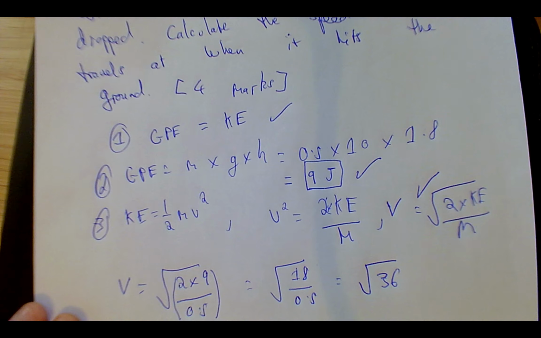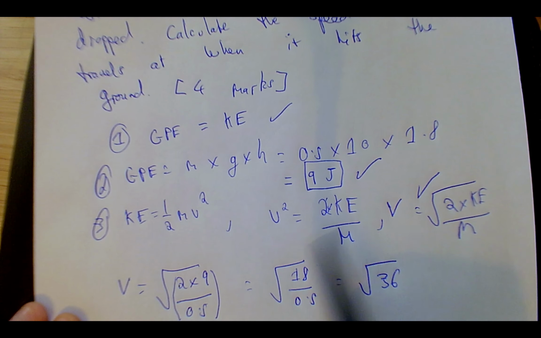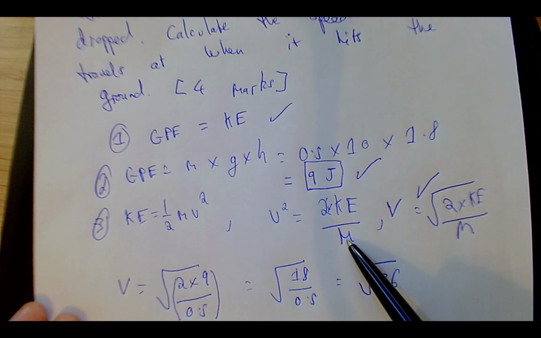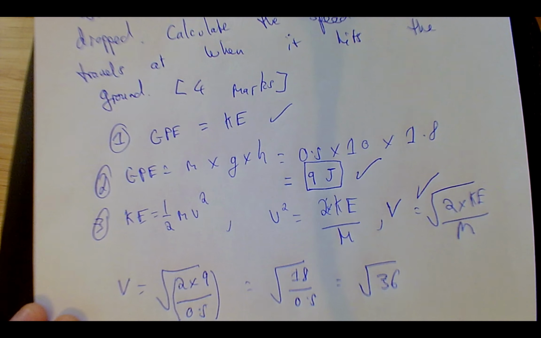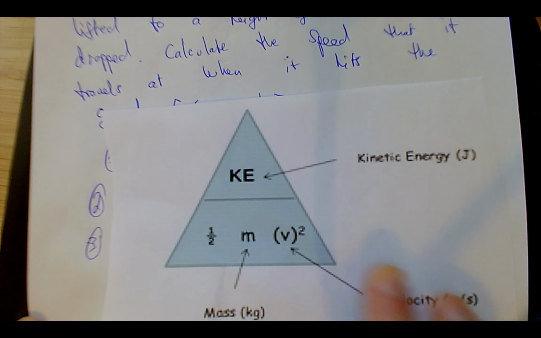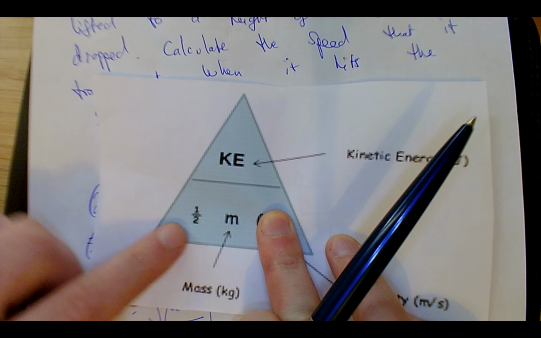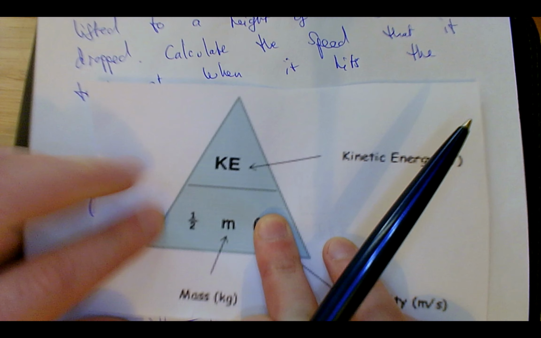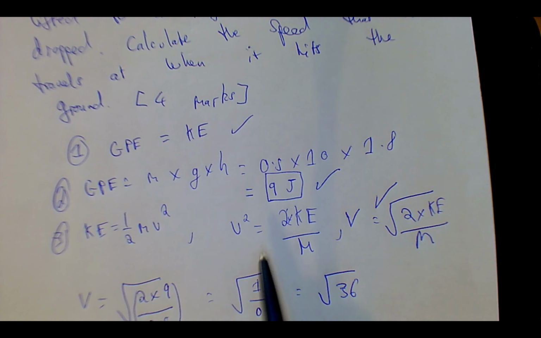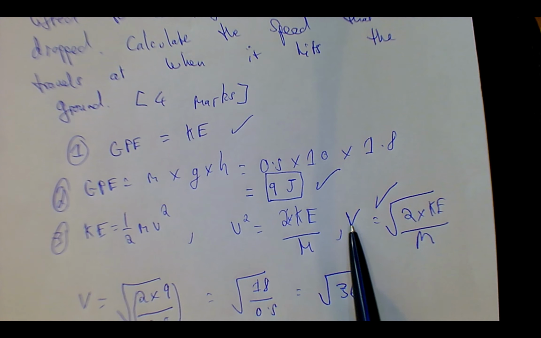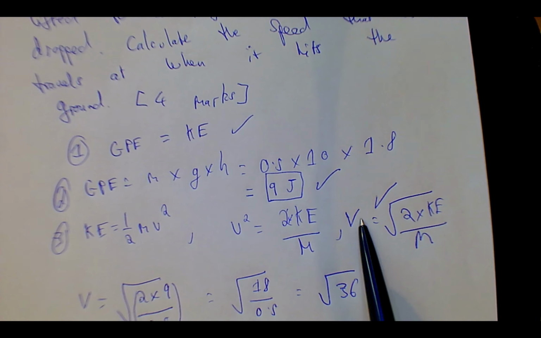So KE equals half mv squared, and v squared equals 2 times KE divided by m. Or we said, well, we're after v squared, it's KE divided by half times m. Then we've got v squared, so we can find v by square rooting both sides.